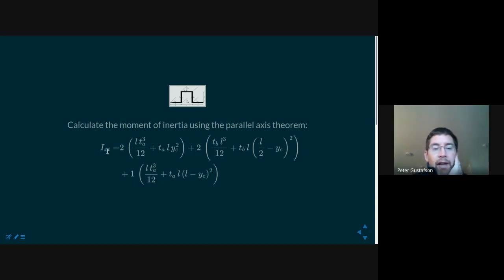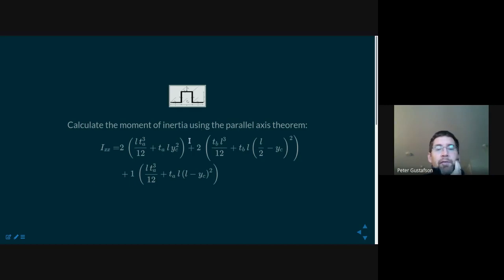Then, of course, we can calculate the moment of inertia relative to that centroidal location. This calculation is fairly straightforward. You guys have done these in past courses, so I won't go into much detail other than to say that for a cross section with this geometry, where we have rectangular segments, it becomes most convenient to use the parallel axis theorem.